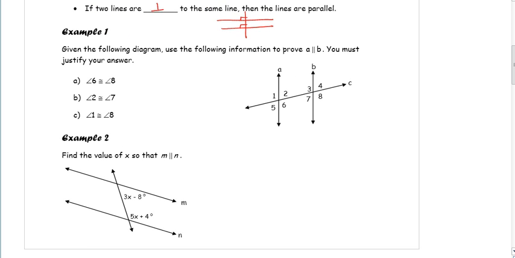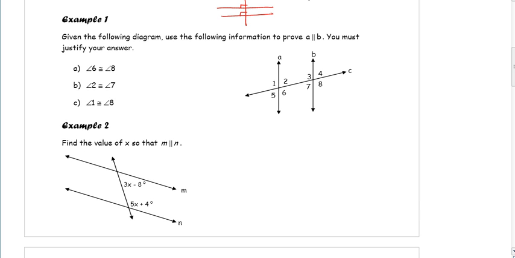So if we look at a couple of examples, what this is saying is if angle 6 is congruent to angle 8, so we know how to mark that. If that's true, then we know that A and B are parallel because we know that corresponding angles are congruent.